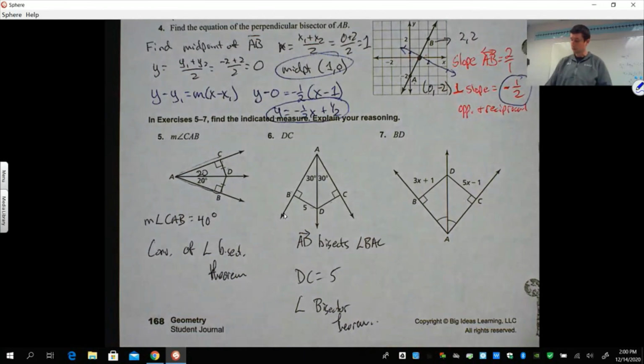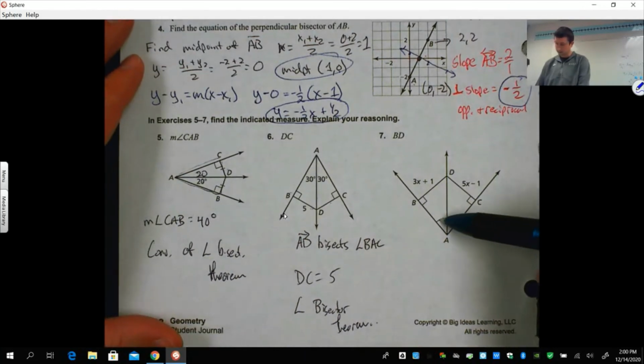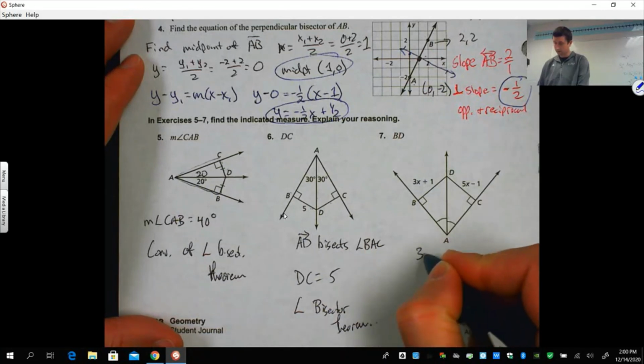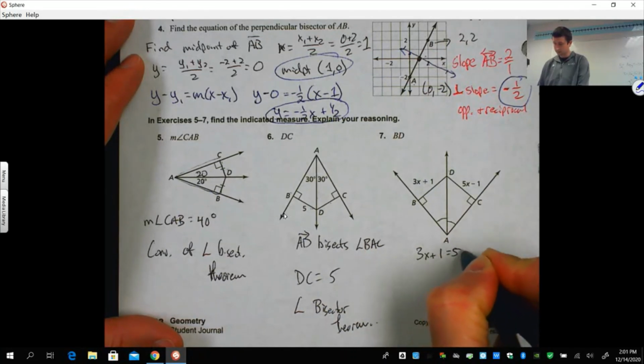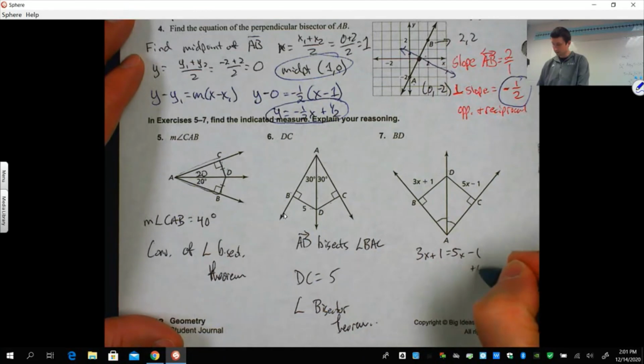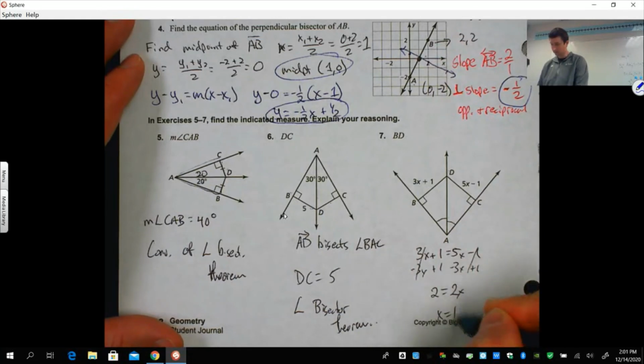And of course, they have to throw the letters back in there. Okay, you see these arcs, that means these are congruent angles. So 3x plus 1 has to equal 5x minus 1. So bring the 1 over there, minus 3x to the right. That cancels, I get 2 equals 2x, so x equals 1.